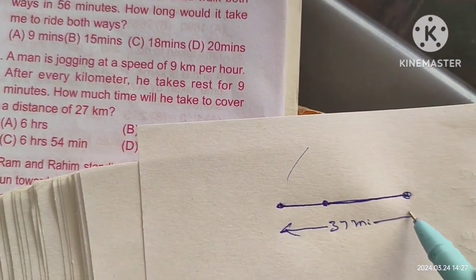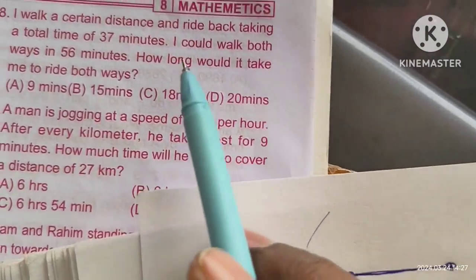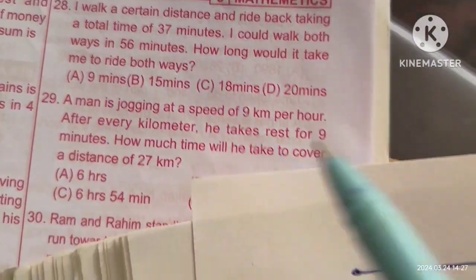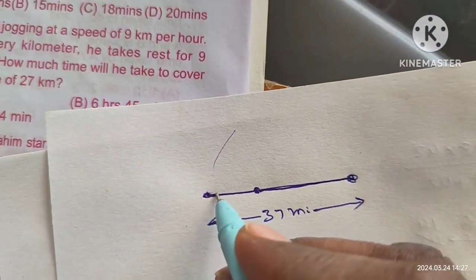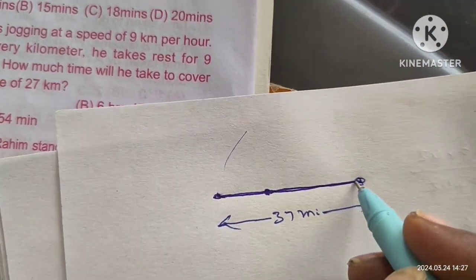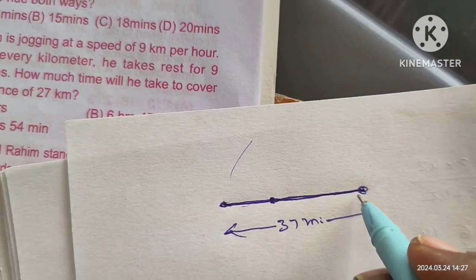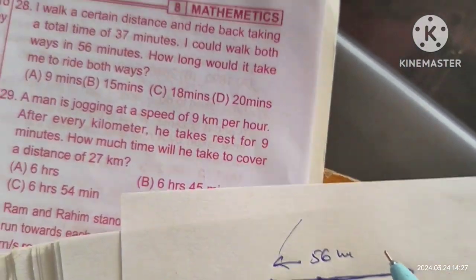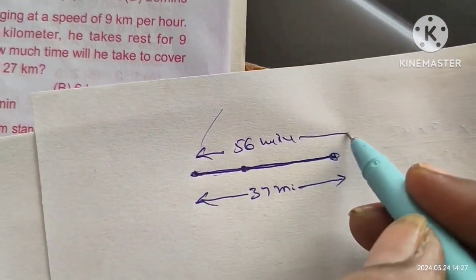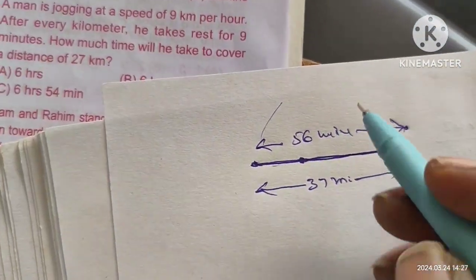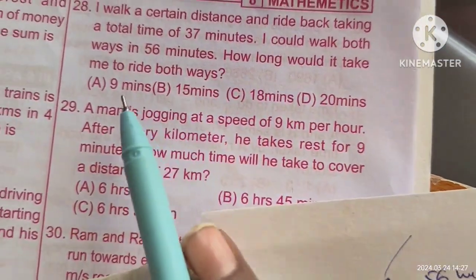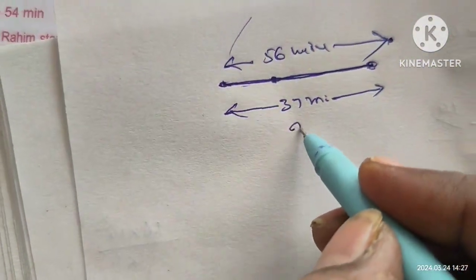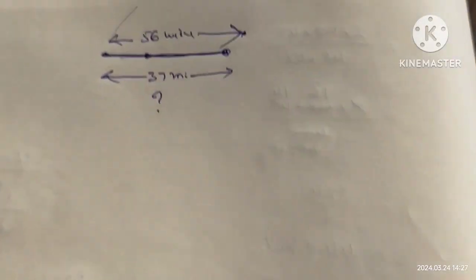They also said he could walk both ways in 56 minutes, meaning from here to here and here to here. If we walk the total by walking only, it takes 56 minutes. Then he is asking, if he rides both ways on the bike, how much time will he take?